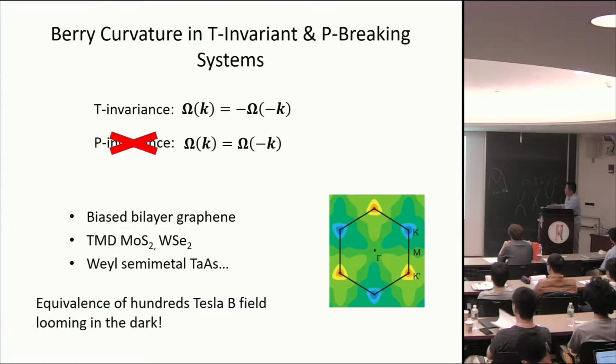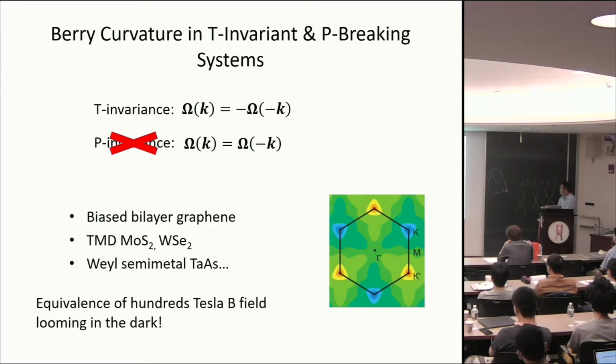Now, what's interesting is that, as you heard this morning from Feng Wang, many of these 2D materials are time reversal invariant, but they break inversion symmetry. So in this case, the Berry curvature can still be finite in k-space, but k and minus k have to have opposite Berry curvature, right?